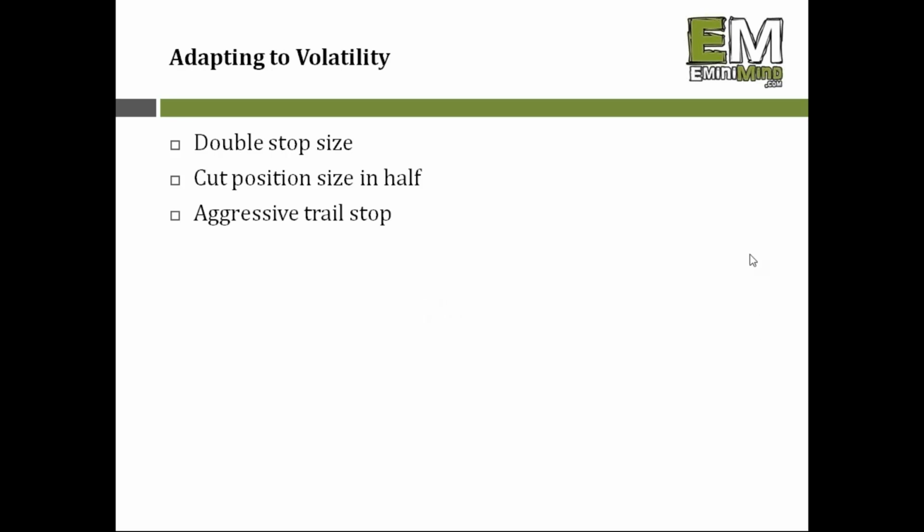I'll go to the aggressive trail stop approach right off the bat, because if the market's going to be moving faster and the ranges are bigger, I don't want to let it come back 10 points and give all that up. So I'll go straight to the aggressive trail stop, and I will also have a fixed target. If you're using the Fibonacci tool, I like to use the -23, which is essentially about 20% beyond the highs of the move, or you could use a fixed target of like 3 to 1, even 4 to 1.